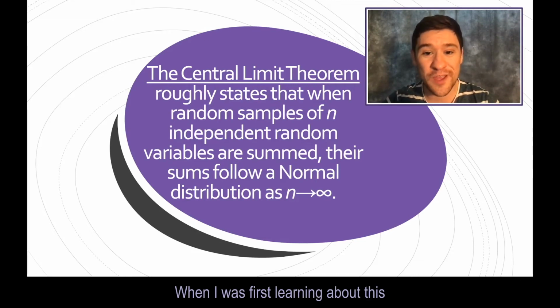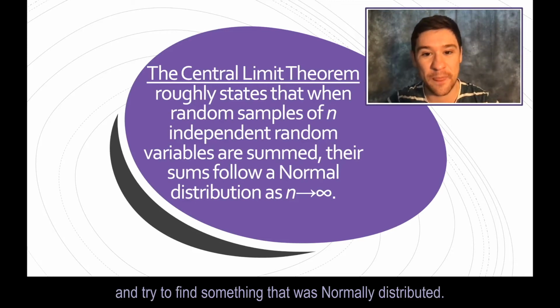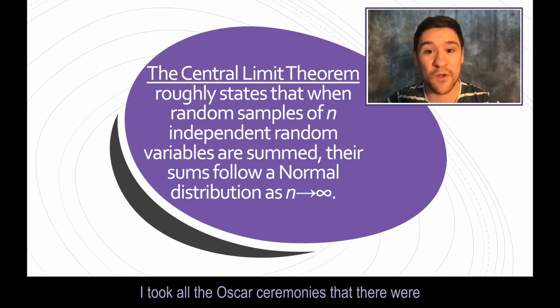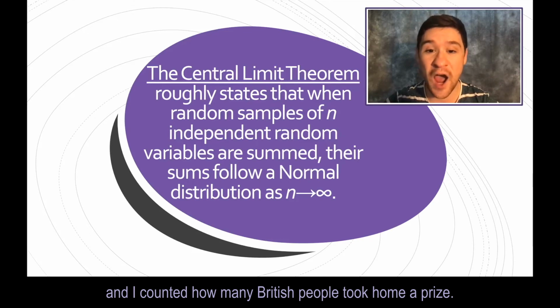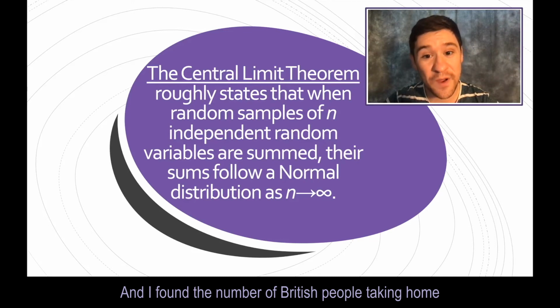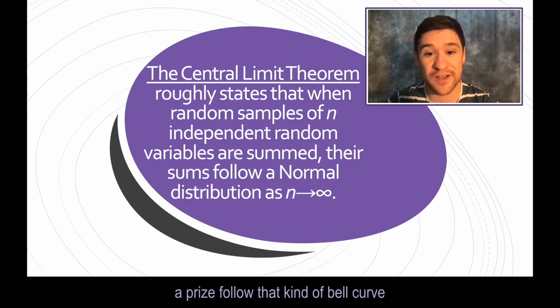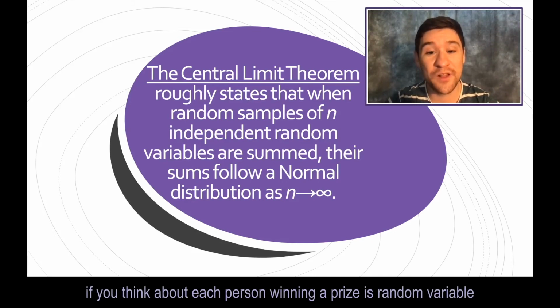When I was first learning about this, I went and tried to find some data and tried to find something that was normally distributed. I took all the Oscar ceremonies that there were. I took the top 10 prizes every year, and I counted how many British people took home a prize. And I found that the number of British people taking home a prize follows that kind of bell curve. And why is that? Well, if you think about it, each person winning a prize is a random variable.